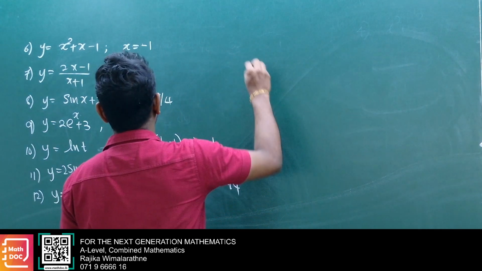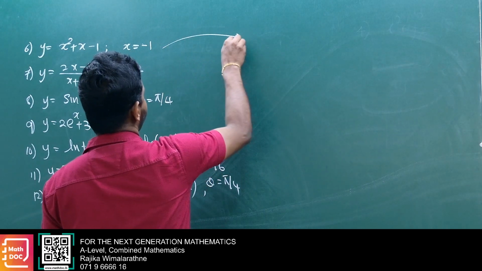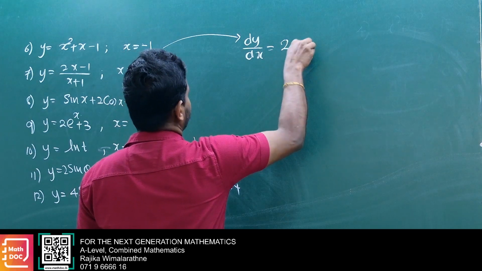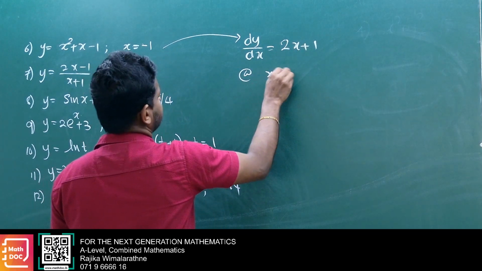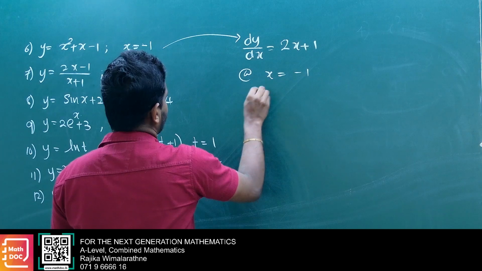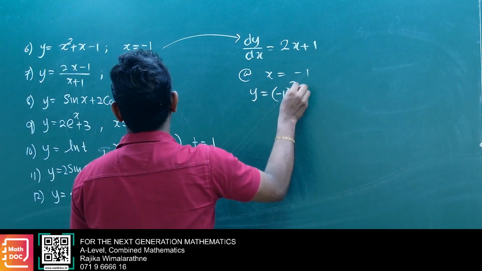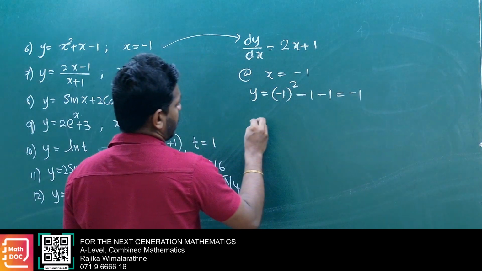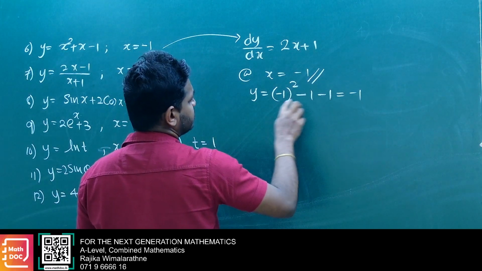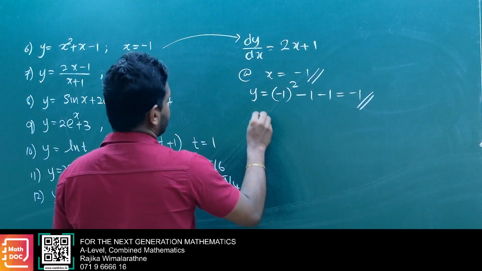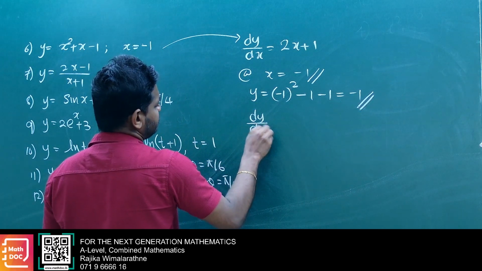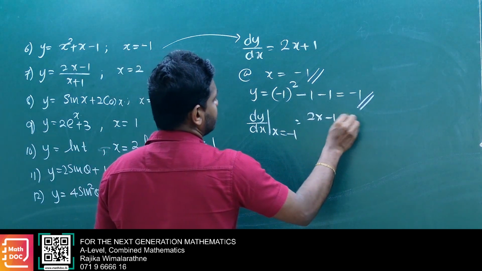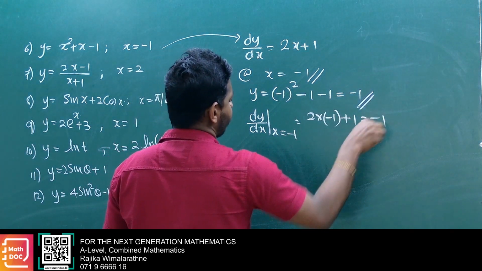Check your answers. First one, dy by dx is 2x plus 1. At x equals minus 1, y equals minus 1 squared, minus 1, minus 1. So the x coordinate is minus 1, the y coordinate is minus 1. Then dy by dx at x equals minus 1 is 2 times minus 1 plus 1, which is minus 1.